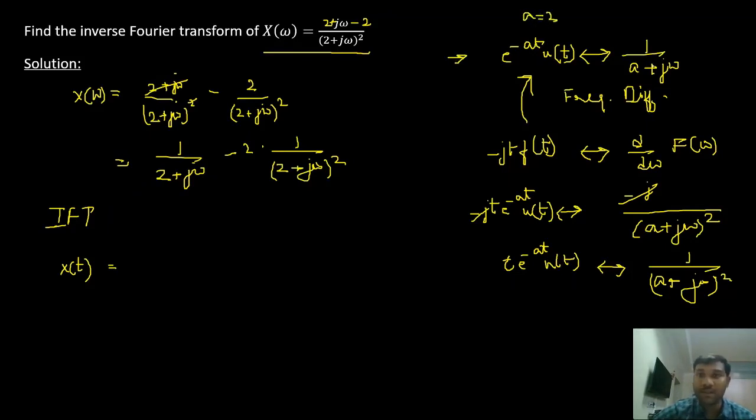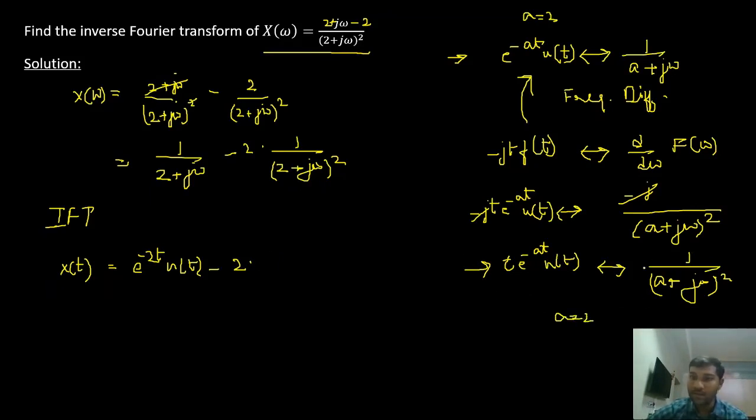So the right hand side is 1 by 2 plus j omega, and the left hand side is e power minus 2t into u of t, minus 2 into, in the last Fourier transform pair, let me substitute a equals 2.